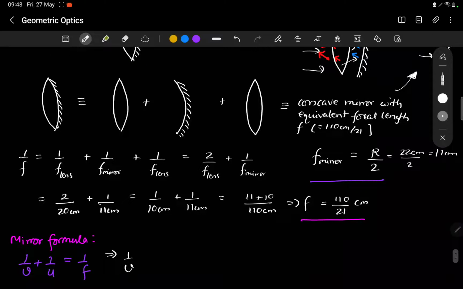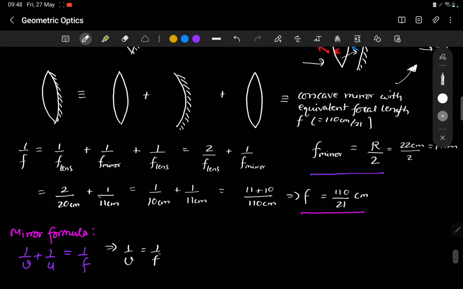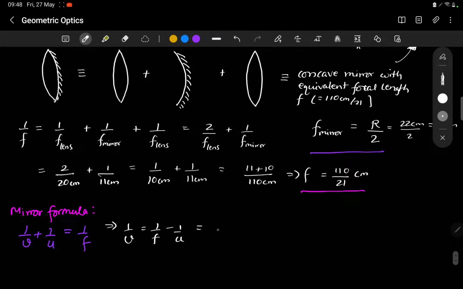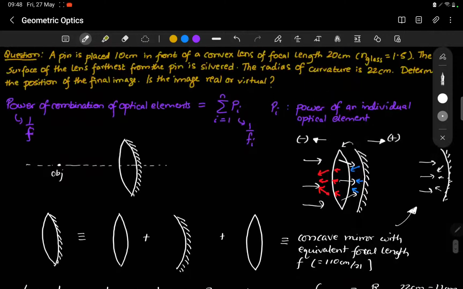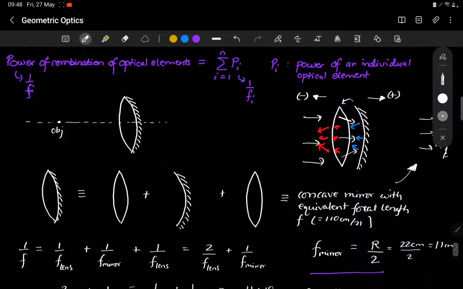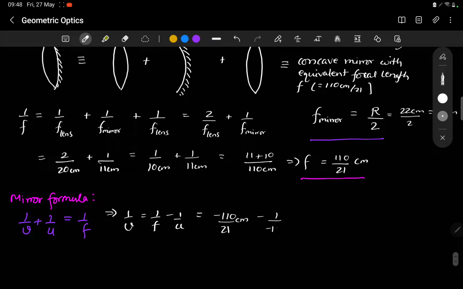So focal length is negative, and u is also given as 10 centimeters, so it is minus 10 centimeters according to the sign convention. Sorry, this is 1 over f, not f. So that would be 21 over 110.